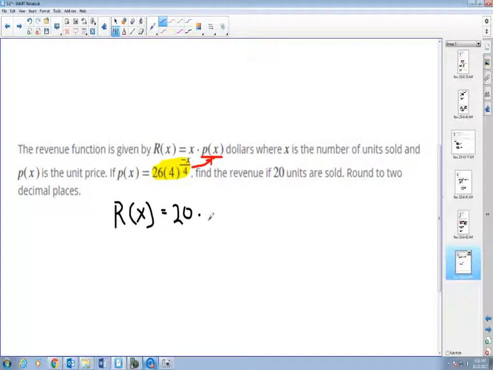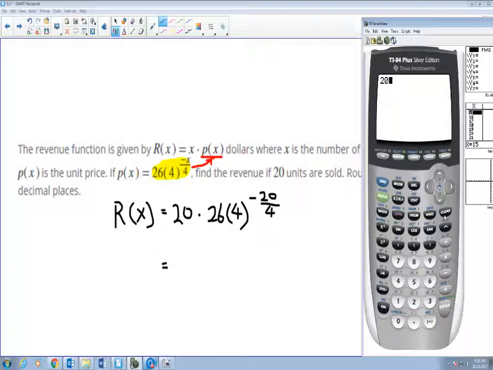So that'll be 20 times 26 times 4 to the negative x over 4. So negative x over 4 is negative 20 over 4. So what's my revenue for selling 20 units?